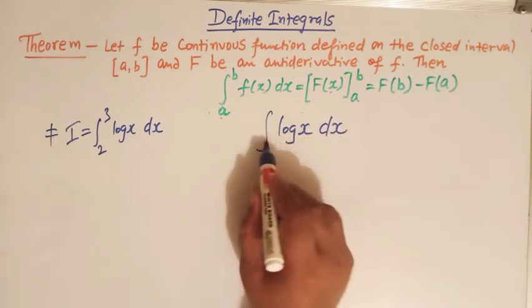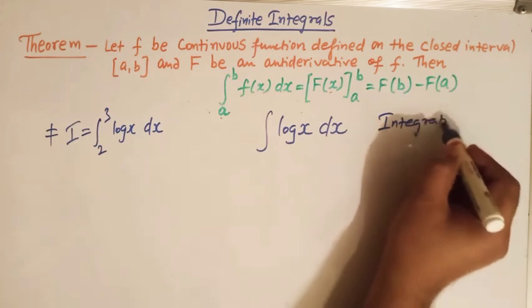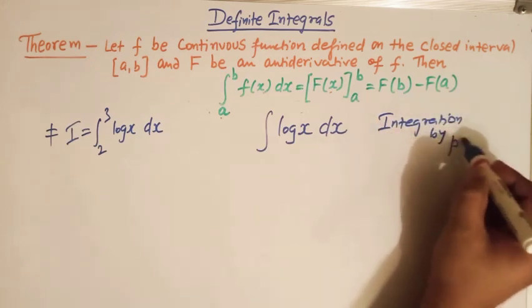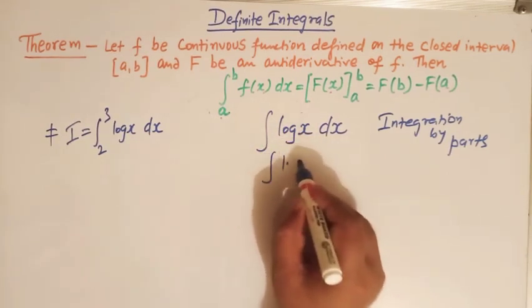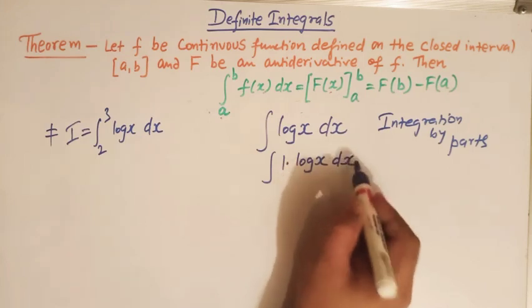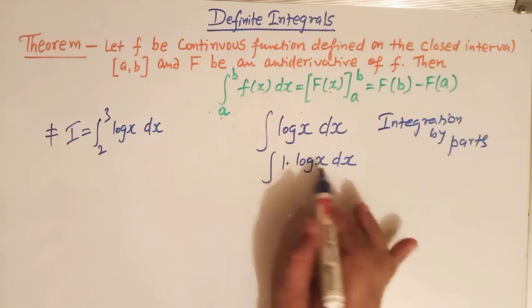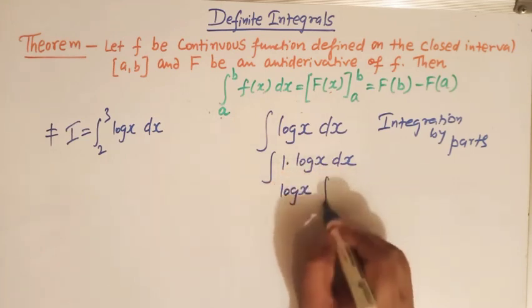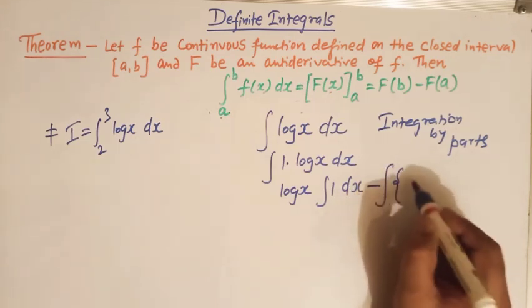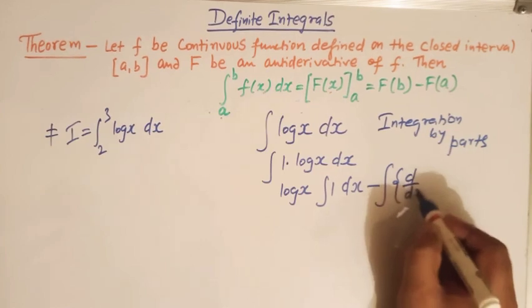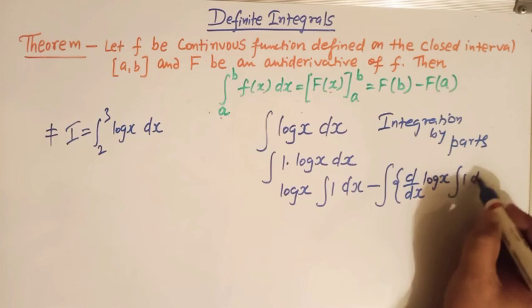Now we know that from integration by parts, this integral can be written as 1 multiplied by log x, and here we'll take the first function as log x. So we have log x, then we have integral of 1, then we have d by dx of log x, and then we have 1 dx, right?